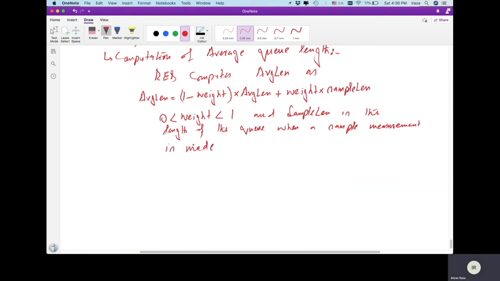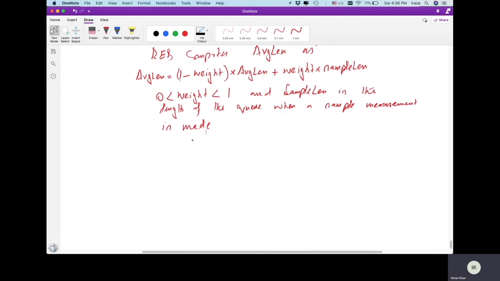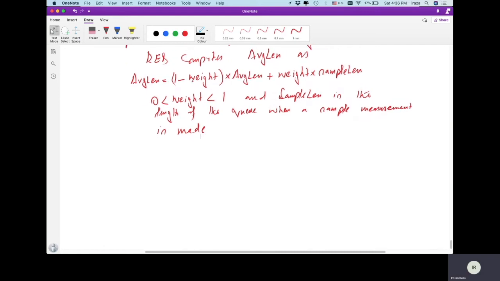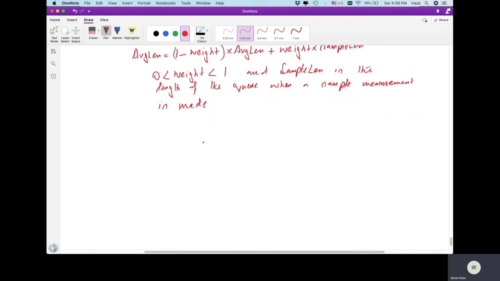Let's try to understand this with the help of an example. Why do we need to have the average length into consideration? So let's try to understand the need of having this average queue length with the help of this scenario.